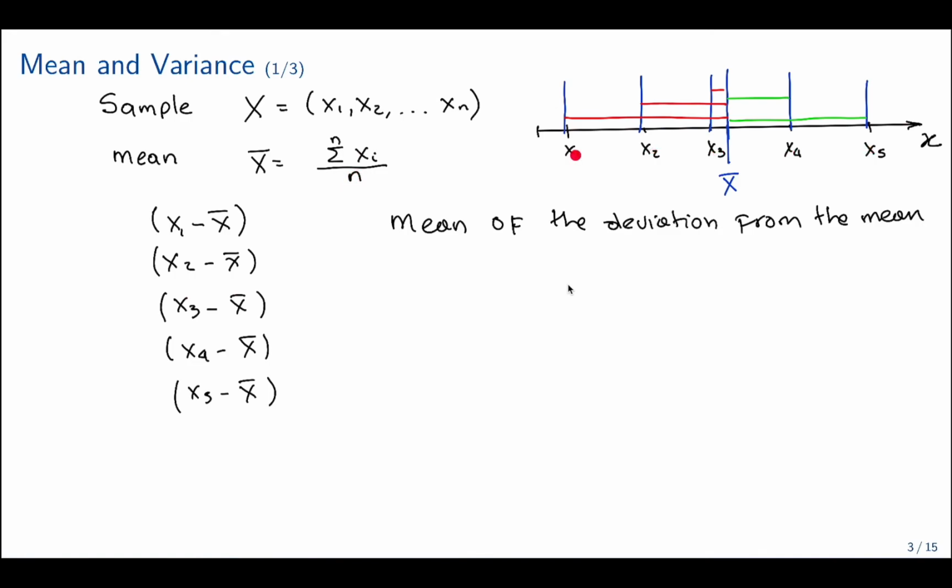So in this case, x1 plus x2 plus x3 plus x4 plus x5, divided by 5. That will give us a value that we call the mean or the average. In this case, it's going to be located at this point, and this is an assumption that I'm making. So this is the mean of the sample.